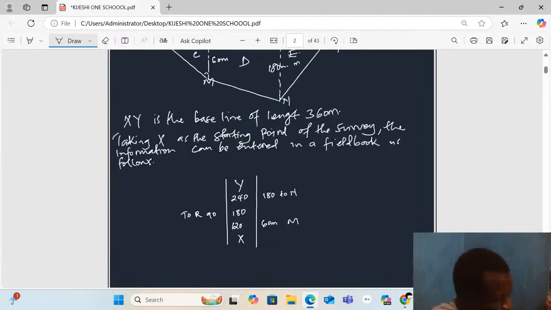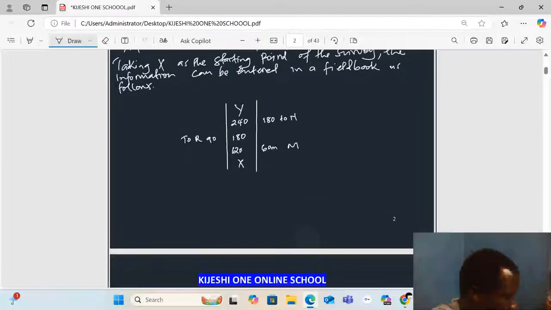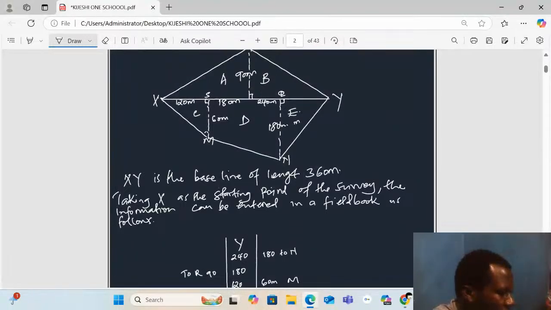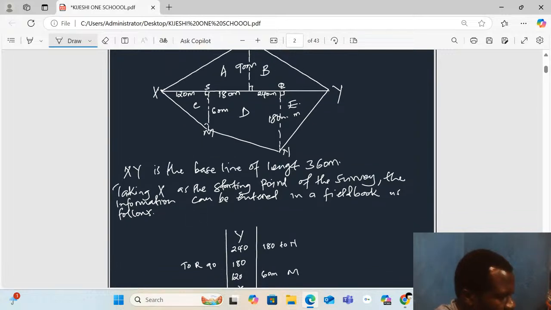Now, the area, we calculate the area of each. We have A, B, C, D, E. So we calculate the area of each shape as per the formula.